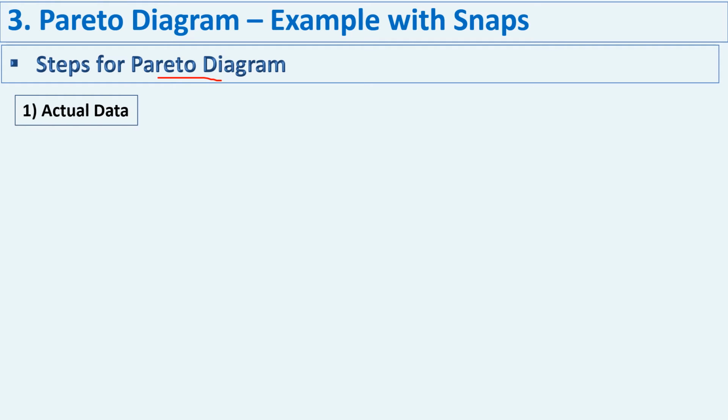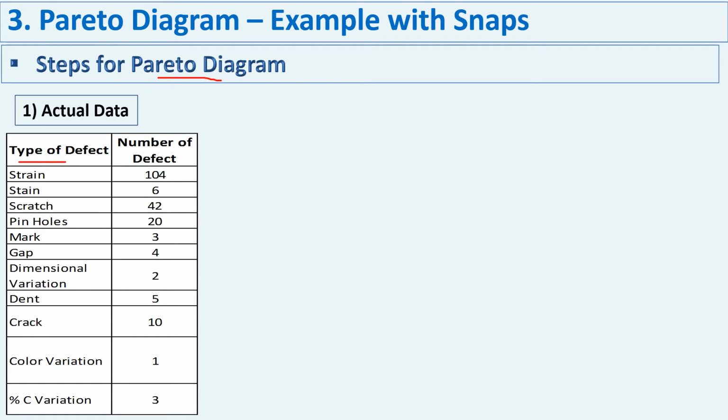First step is actual data. We have to collect the data by using a check sheet. This is the type of defect and the number of defects. There are types of defects like stain, scratches, pinholes, dent marks, percentage carbon variation, and the number of defects like 104, 42, crack is 10.